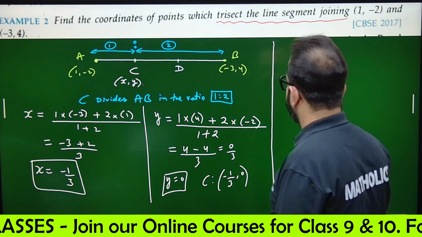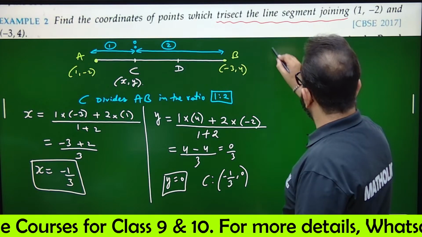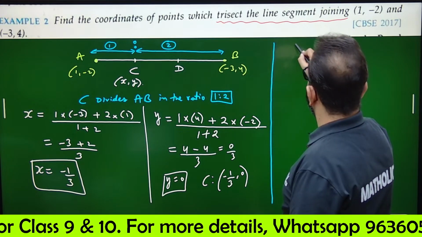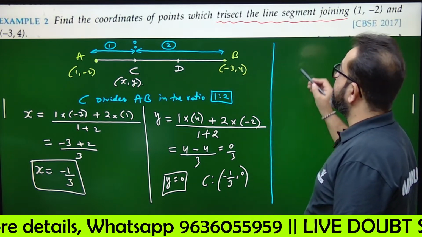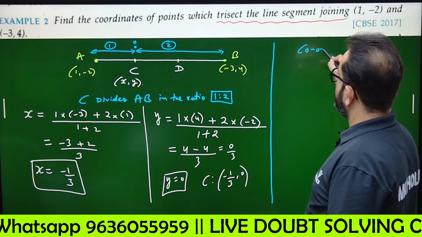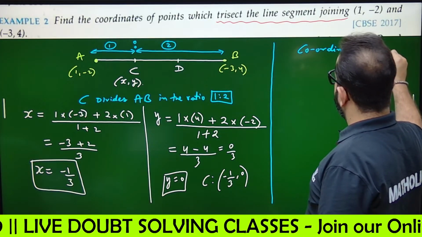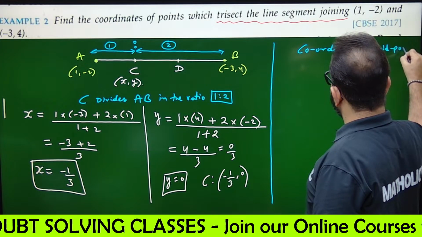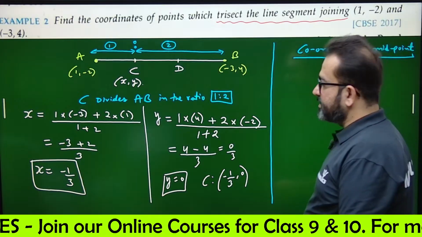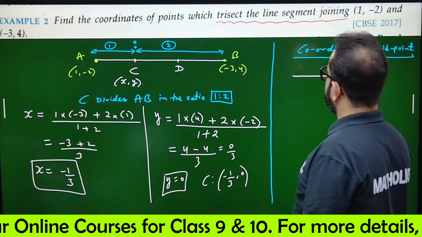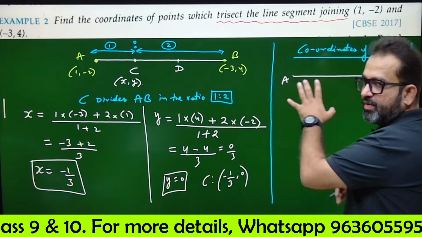Now we'll write what? D divides... Okay. One more concept is there: coordinates of midpoint. This will make this question easier. Coordinates of midpoint: if there is a line segment AB, first you must copy what I am telling you right now.